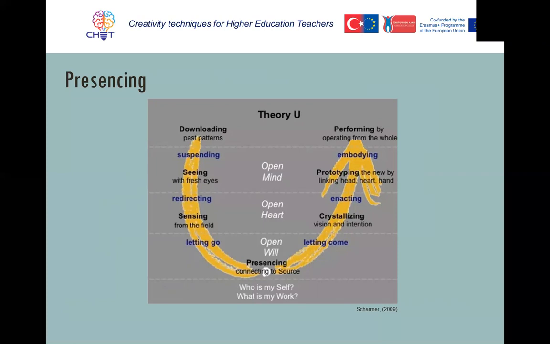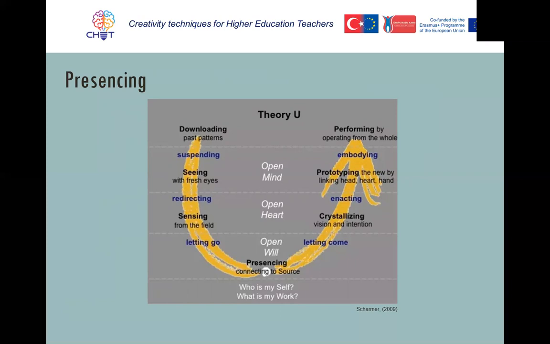And this is why you need a really well facilitated process where you first have this divergent phase, where you first use methods that allow people to act on intuition and to associate. Otherwise, you will not arrive at the presencing phase. Presencing is the phase where you pre-sense the future.